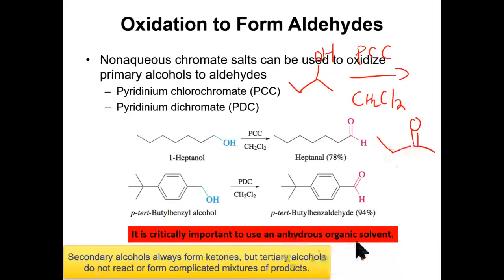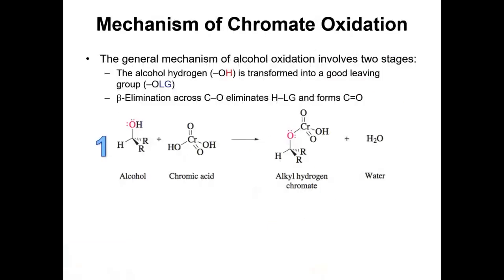So it's critically important, if you want to convert a primary alcohol to an aldehyde, that you use an anhydrous organic solvent and use either PCC or PDC as the oxidant.